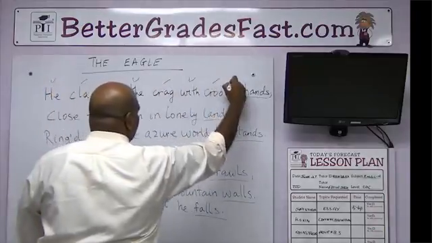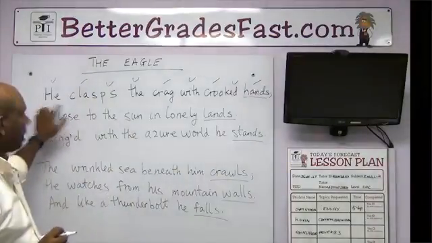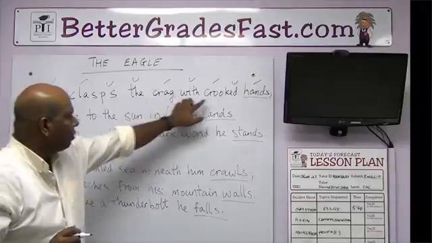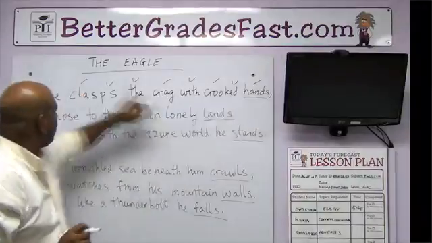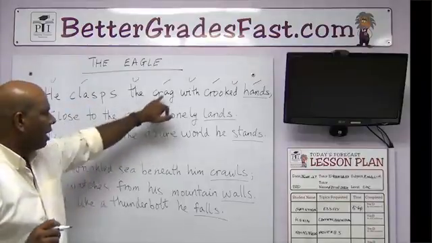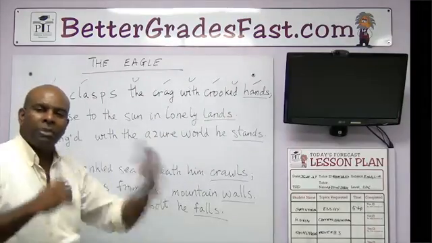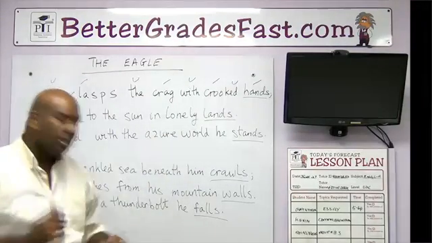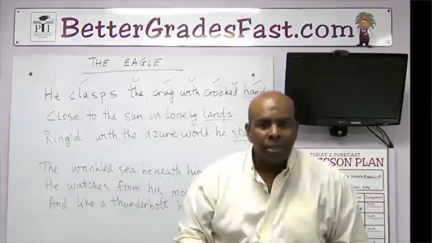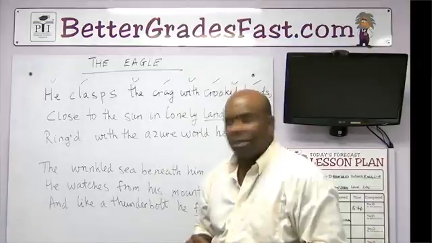So he clasped the crag with crooked hands. That's rhythm being created there. Certain words we stress, other words we don't. In rap music, in dub, in normal music, same thing happens.